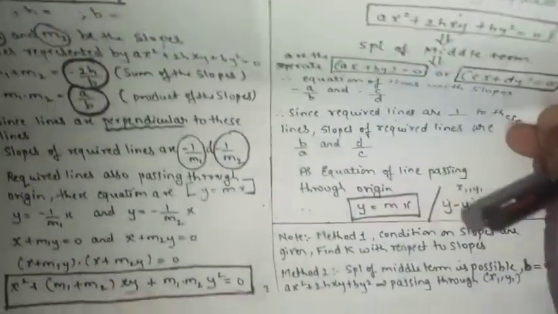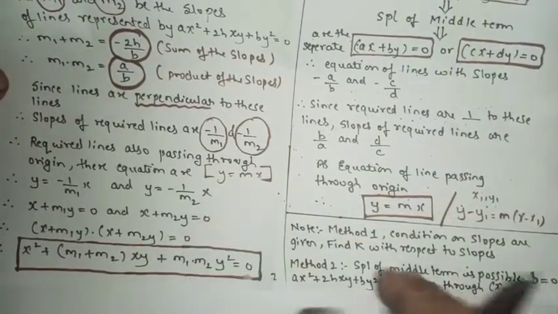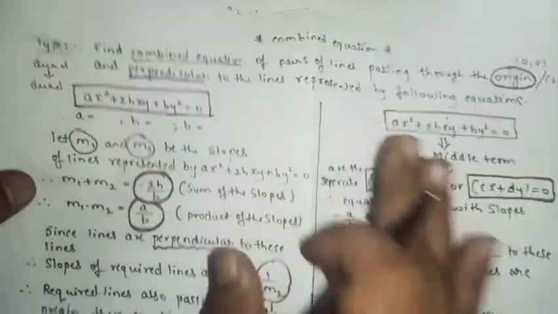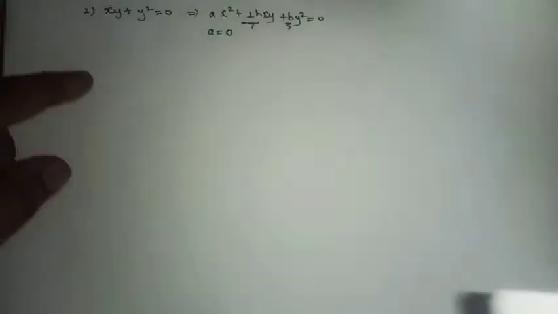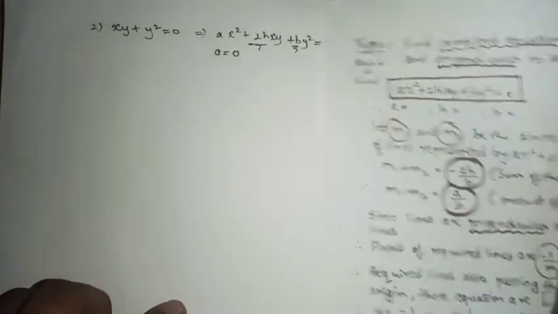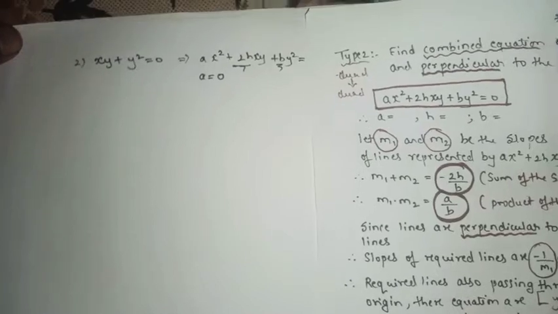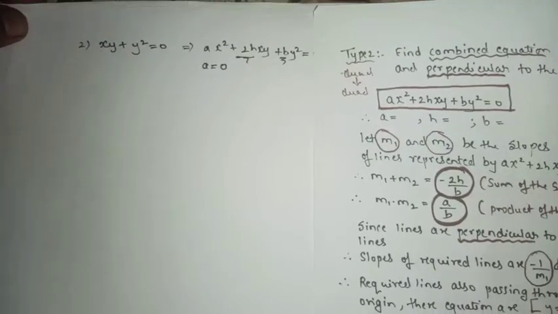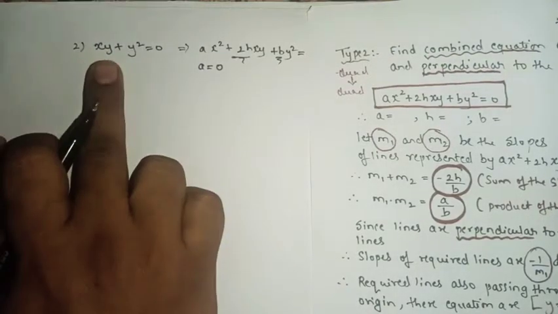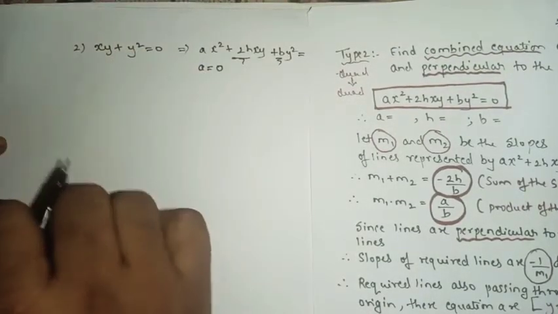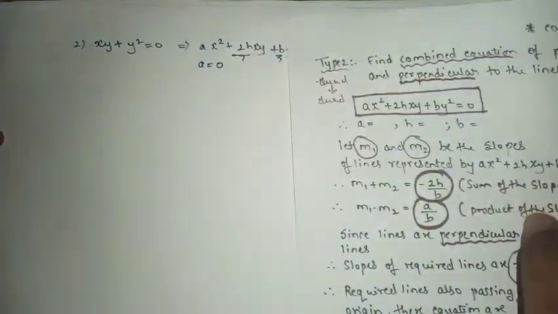In the previous video I explained how to guess when to apply method number 1 and method number 2. As per the tricks and techniques, for this sum we'll apply method number 1. Because we cannot split the middle term, as the middle term is present but where is the first one? So for this sum we cannot apply the second method.